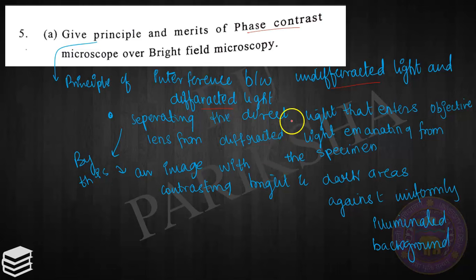In this, we separate the direct light that enters the objective lens from the diffracted light emanating from the specimen. By this, we get an image with high-contrast bright and dark areas against a well-illuminated background.